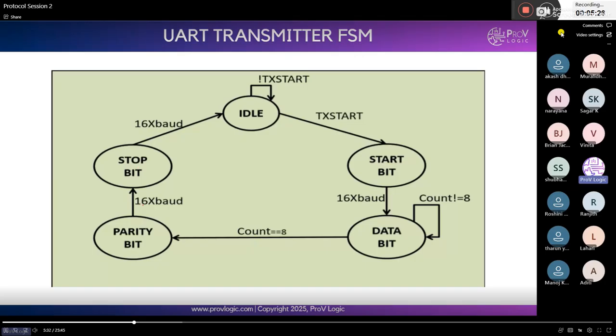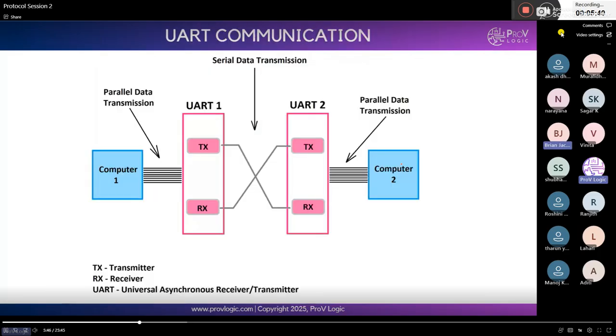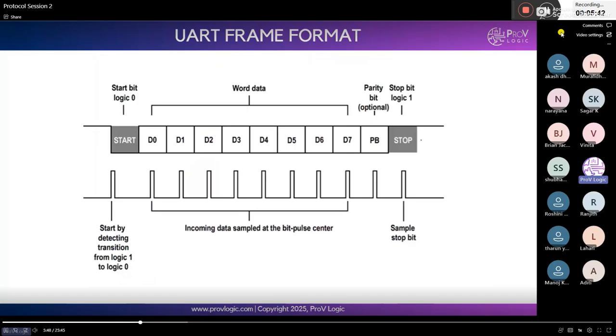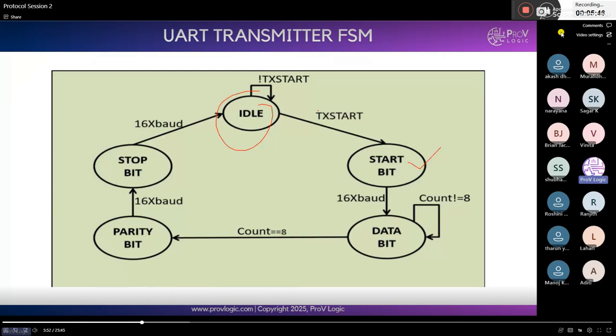First of all, every finite state machine will have an idle state as the initial state. So idle, and then start bit. Start bit in the sense that the exact frame format you need to put here: start bit, data, parity bit, stop. When the TX start data is high, then data, with the 16x baud rate.